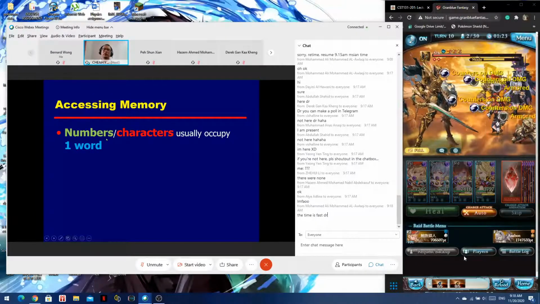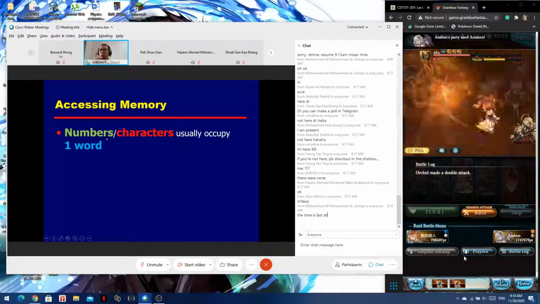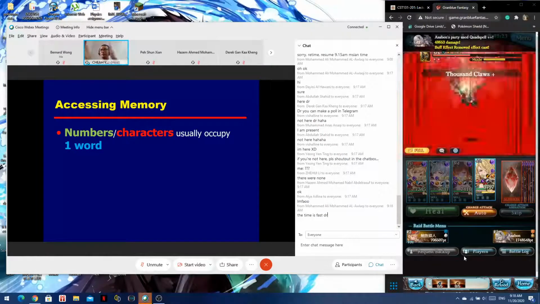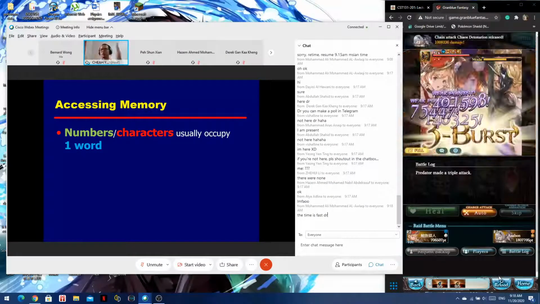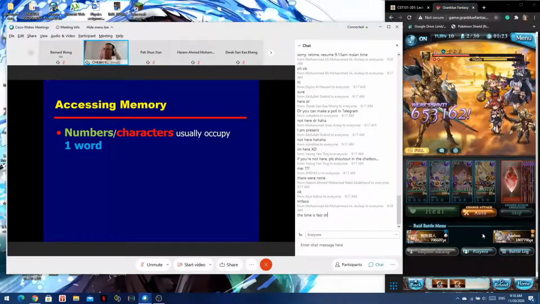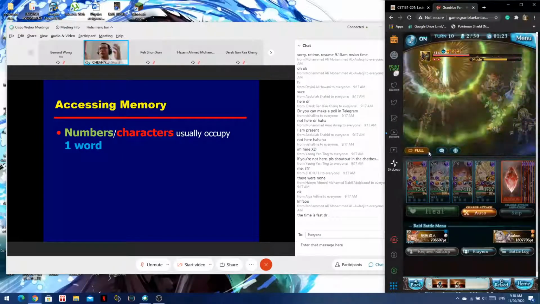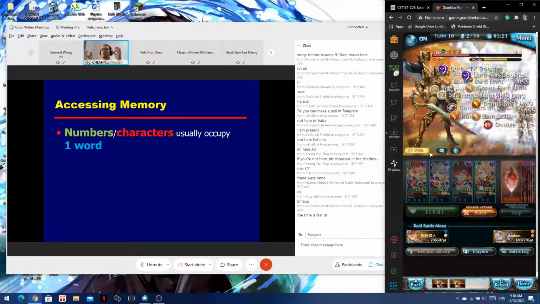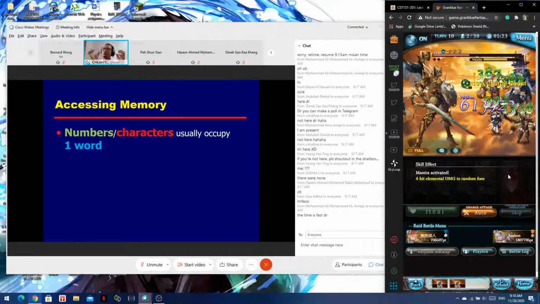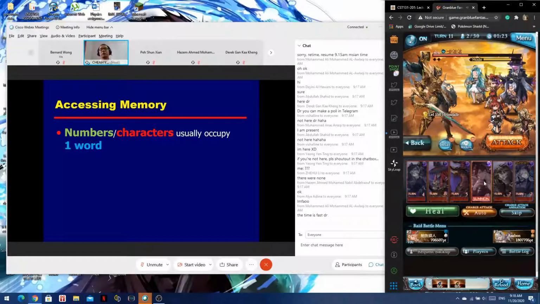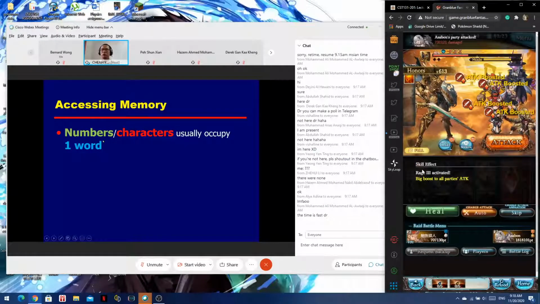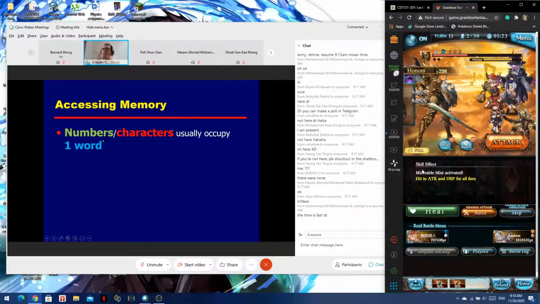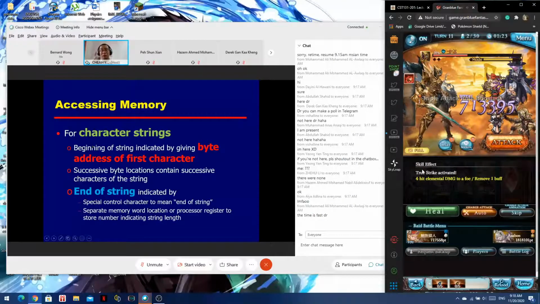The numbers and characters usually occupy one word. One entire memory word will potentially store one number or one character, or sometimes a few numbers or a few characters, depending on the number of bits allocated for that number or character. Now we talk about strings.